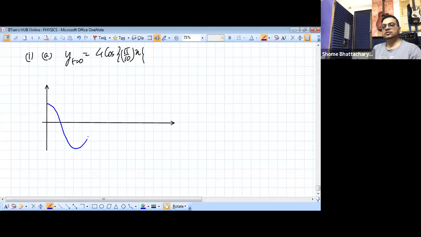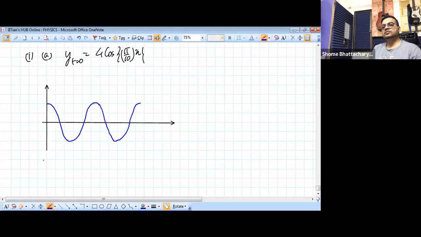Looks like a regular cos graph, something like this, but more symmetrical. So let's try it once more. Like this, you can see.